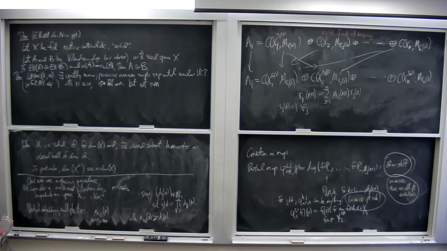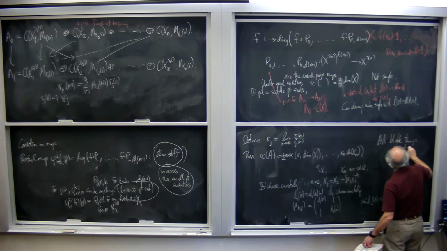So that means that in the second column I've got more space here, and I'll fill in the rest of the space with point evaluations.